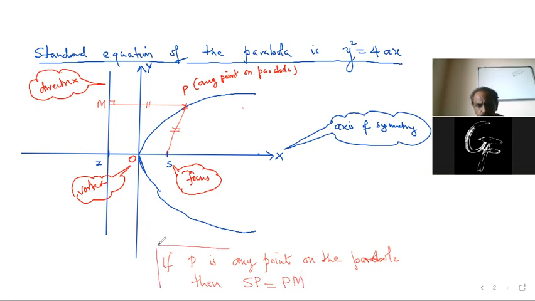Distance from the focus will be equal to distance from the directrix. And the equation of this parabola will be y square equal to 4x.